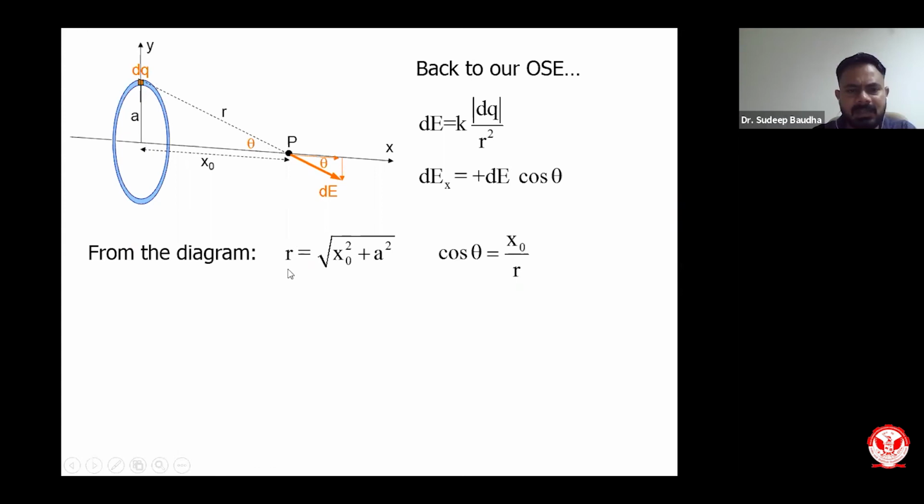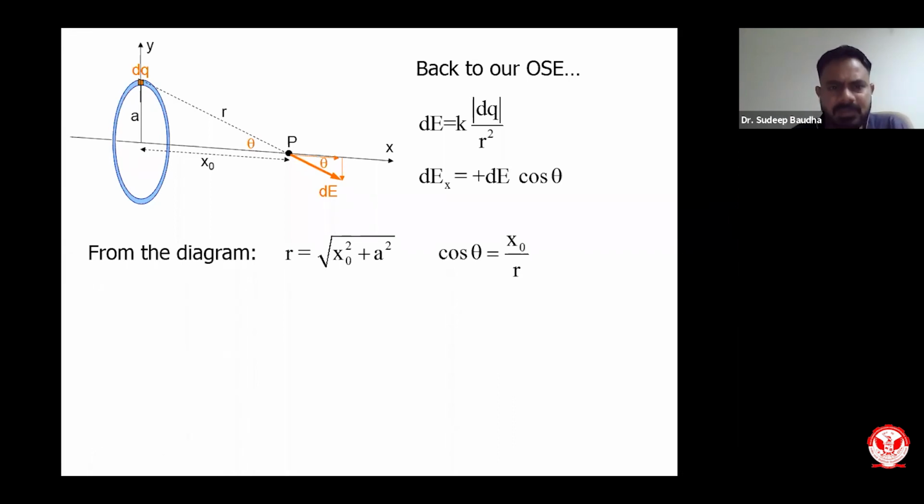I can write r equals root of x naught square plus a square, and cos theta will be equivalent to x naught upon r, as you can see from the geometry. So we have discretized the geometry.